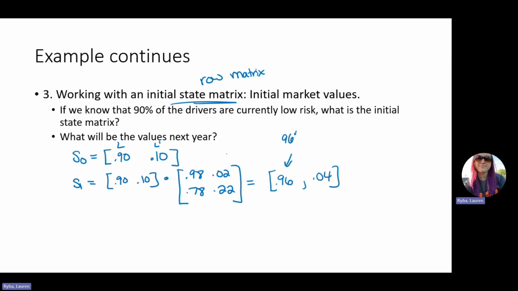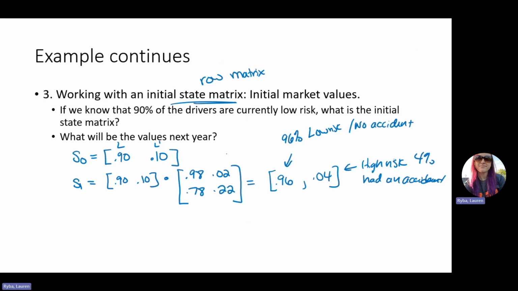Okay, so 96% are in the low risk, aka no accident. And then 4% are in the, I guess we would say not low risk, or you could say high risk. 4%, and they had an accident.